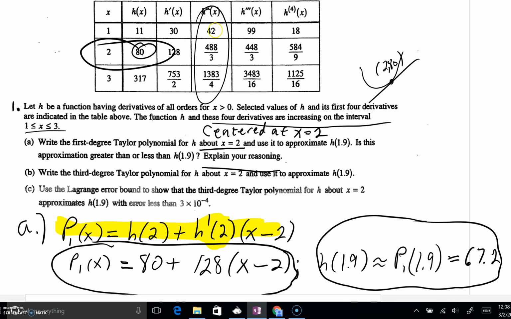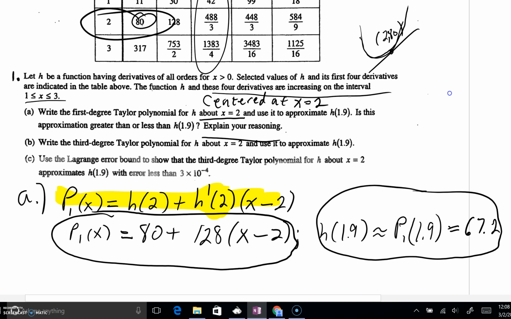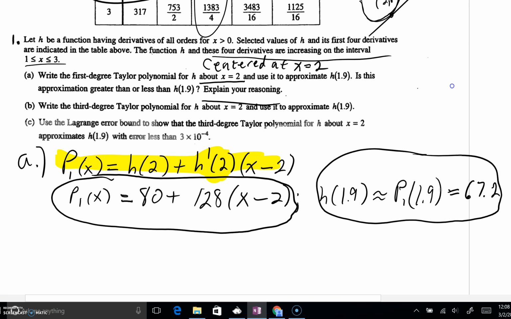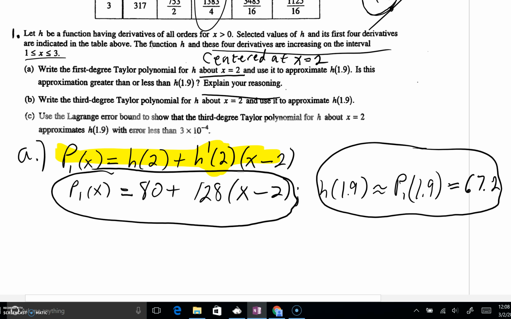We can also see that it's positive everywhere and all the derivatives are increasing. So that means you're concave up. By the way, I kind of drew the curve assuming that. I shouldn't have drawn the concavity until I knew that. But regardless, if you have a concave up curve, your tangent line will lie underneath. You'll have an underestimate. So they want you to explain your reasoning.